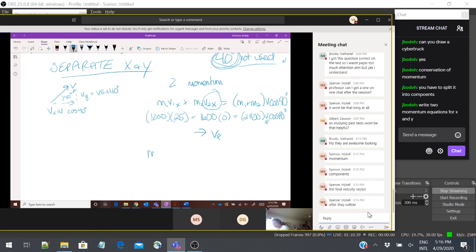And then I can do this for Y. V sine 40 where this is 0, I can plug this in right there for v, and then solve for the initial speed of the truck.